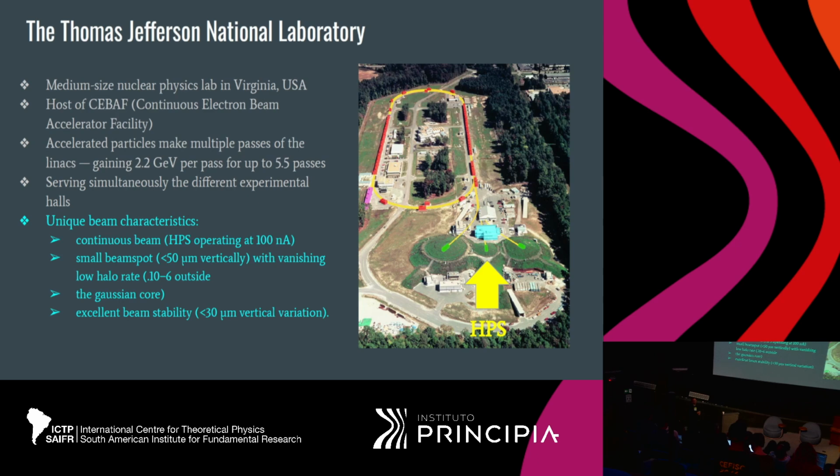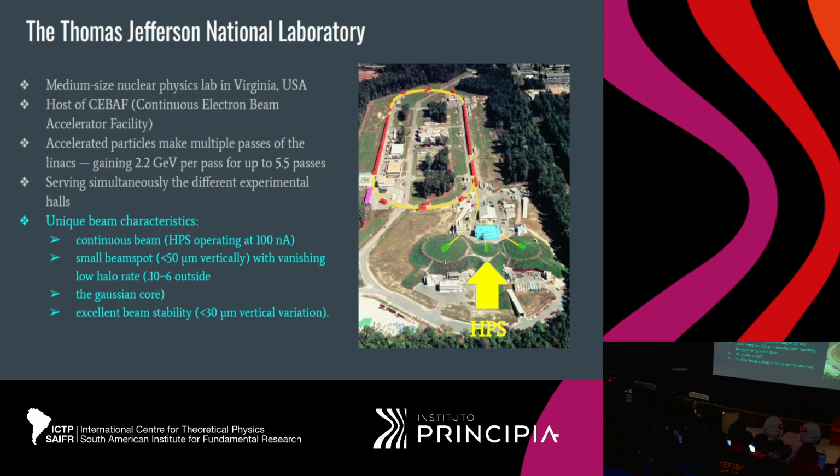They can do up to 5.5 passes to reach an energy of about 12 GeV. Then these particles are distributed to three experimental halls at the same time, which can operate simultaneously, where the different experiments of Jefferson Lab are located. HPS is located in what is called Hall B, which is the central one here.